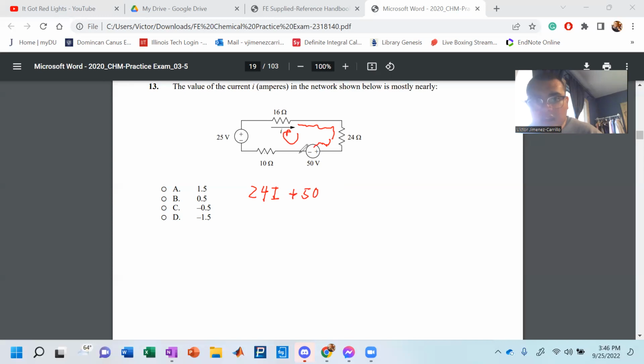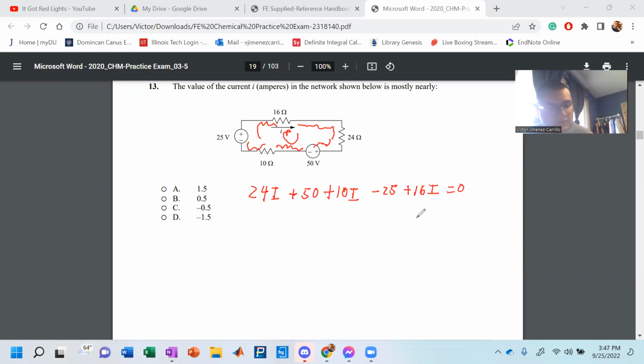Keep going. And it's now going to hit 10 ohms. That's going to be 10I. Keep going. It's going to enter this next battery at a minus 25 voltage. And then it finishes its curve coming back at plus 16I. And remember, since it's a closed loop, it's equal to 0.